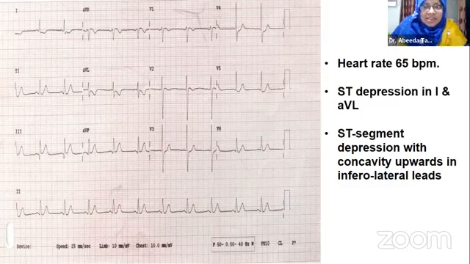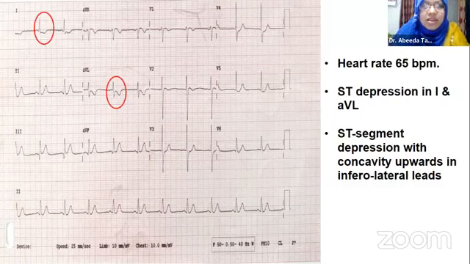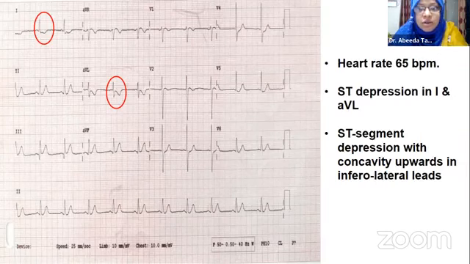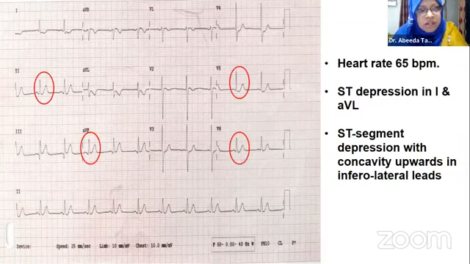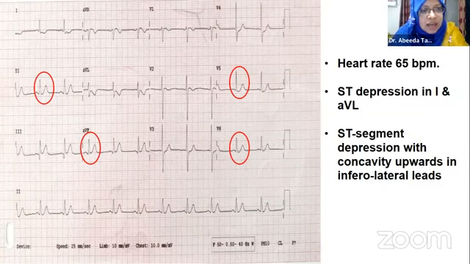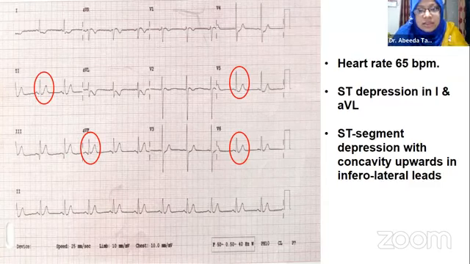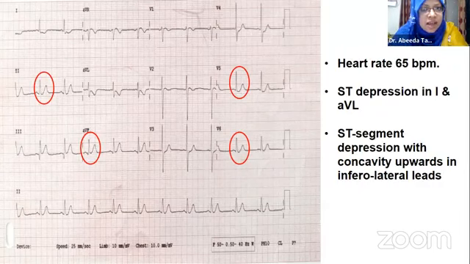Thank you so much. Actually, you are 100% correct. This is the ECG that the patient presented with. There is ST depression in lead 1 and aVL, and if we look very closely, along with the ST elevation in lead 3 there is also some depression of the ST segments, and the concavity is almost upwards.